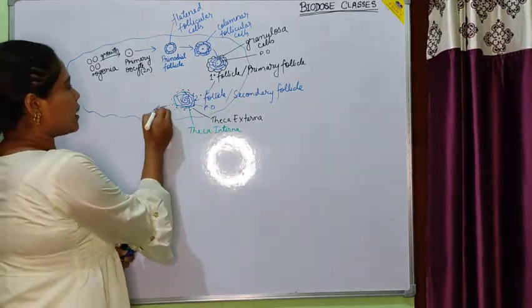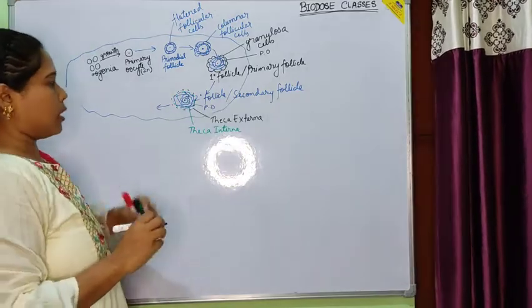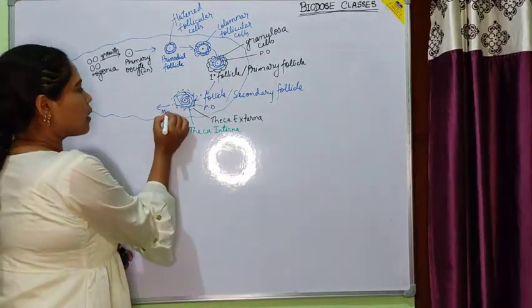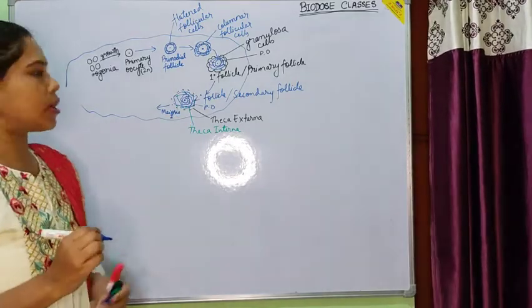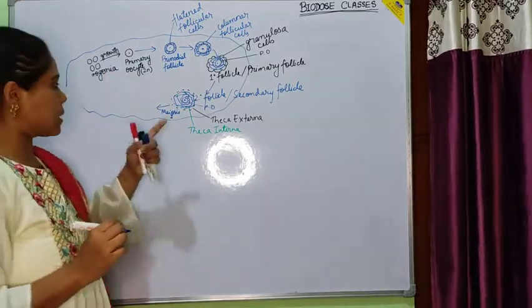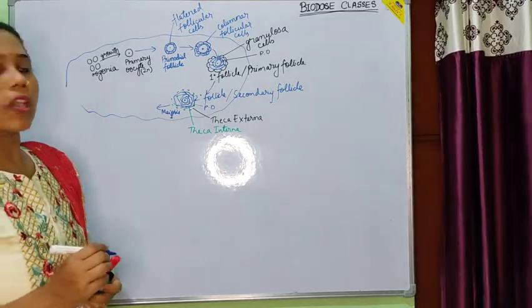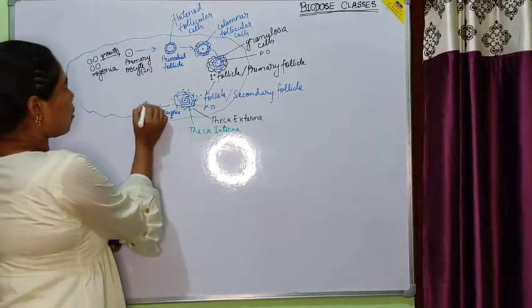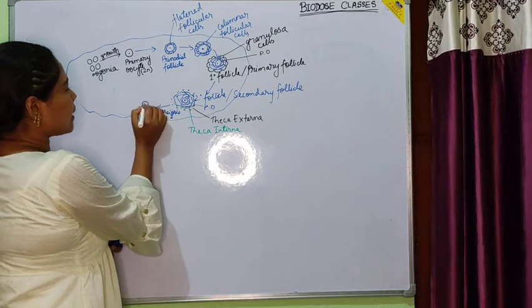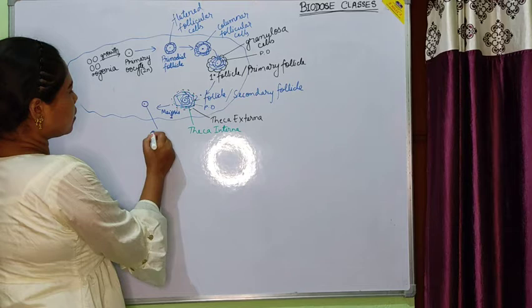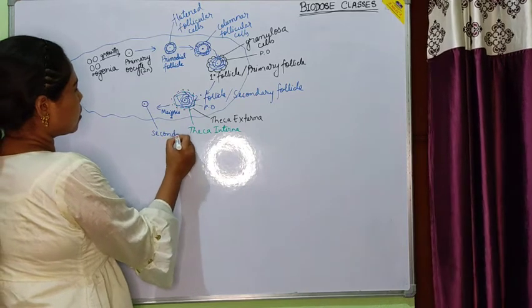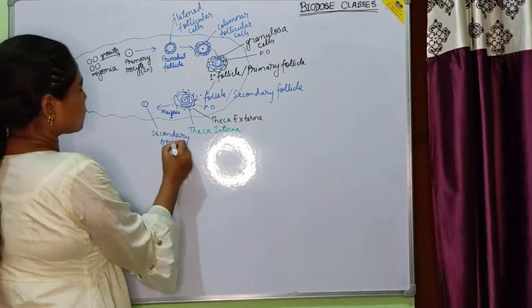After this, we would see this secondary follicle would now start meiosis 1. That is your maturation phase of the oogenesis. When it is undergoing meiosis 1, the structure inside this cell is actually a secondary oocyte.